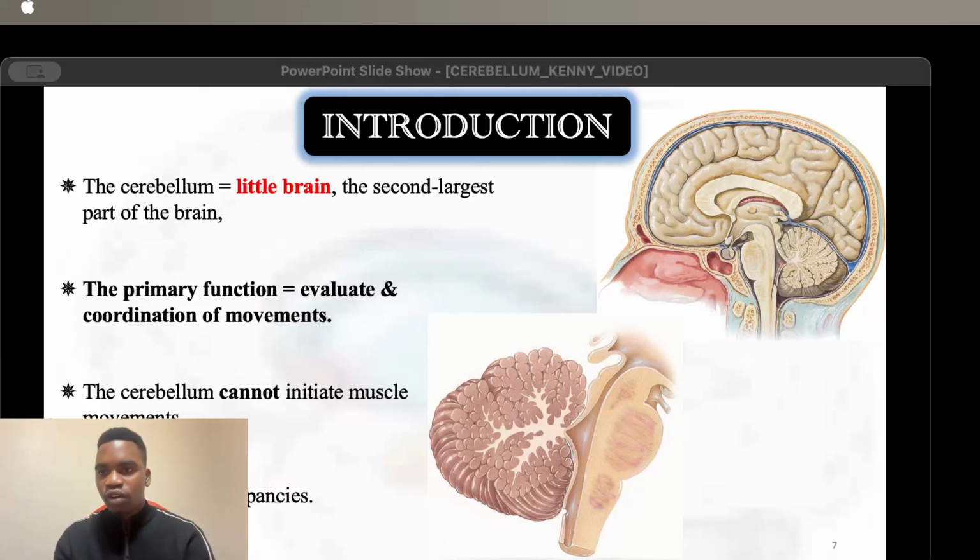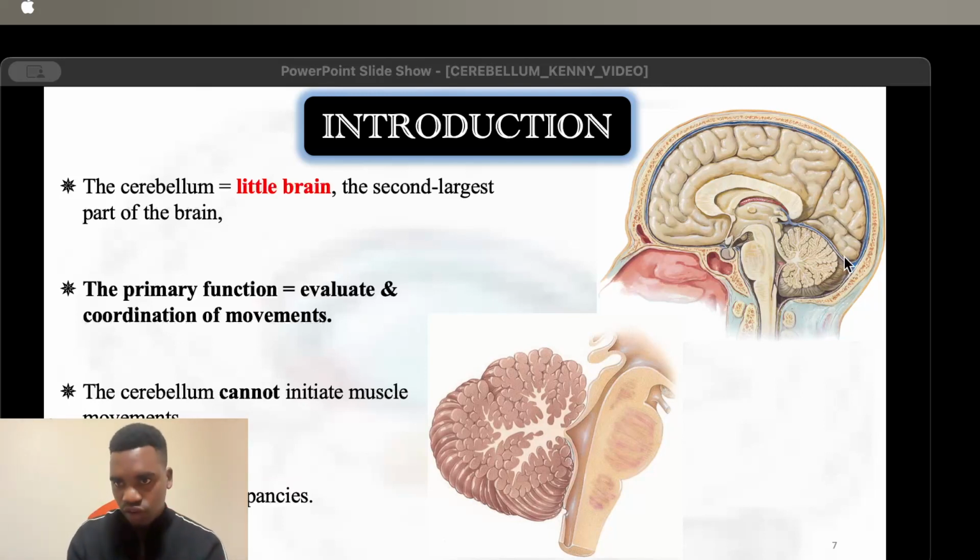The name evolved from the Latin perspective. So you see, the cerebellum is the second largest part of the brain. So it is called the little brain when it is compared with the cerebrum, and it sits in the posterior cranial fossa, and it is covered by the layer of dura mater, which is known as tentorium cerebelli, because it is tent like.